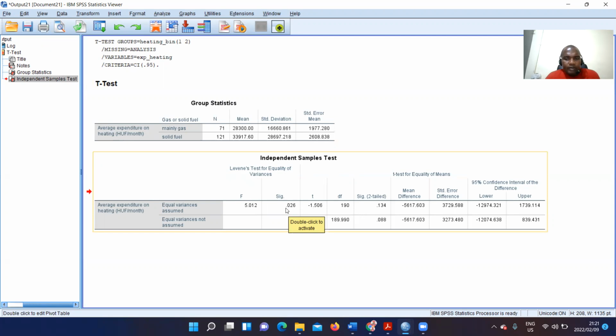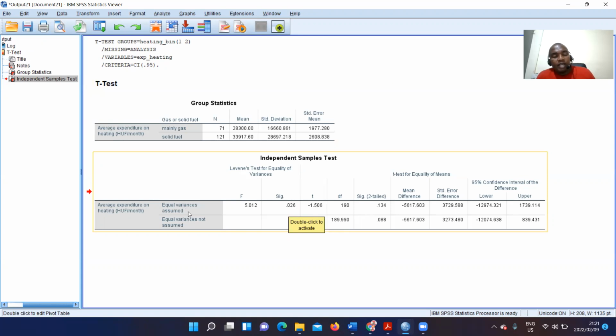So clearly we can easily conclude that average expenditure on heating with gas or solid fuels are not equal because we are rejecting that null hypothesis.